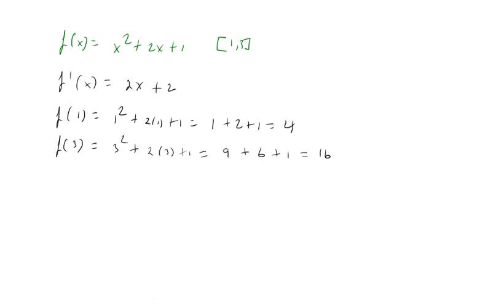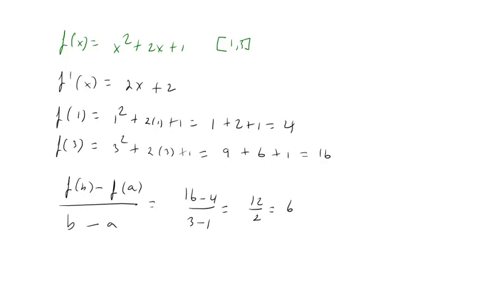Now for the average rate of change, we can say that f of b minus f of a over b minus a is equal to 16 minus 4 over 3 minus 1, which is 12 over 2, so that is equal to 6.